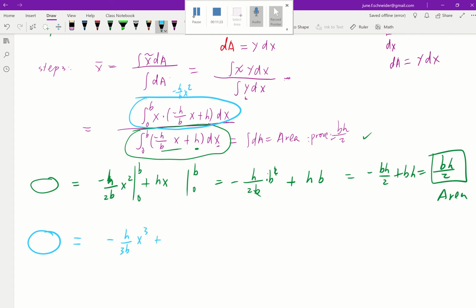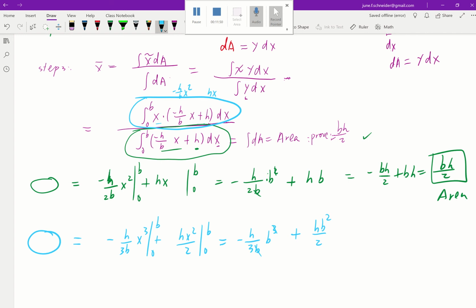Then the second term is x times h, so it will be hx. That will be hx squared over 2. And that range is 0 to b and 0 to b. Now the first term, we'll have negative h over 3b, b cubed minus 0. The second term will be half h b squared.